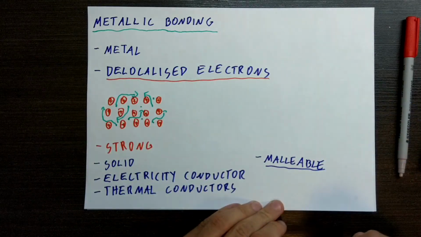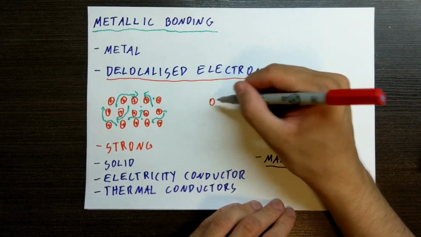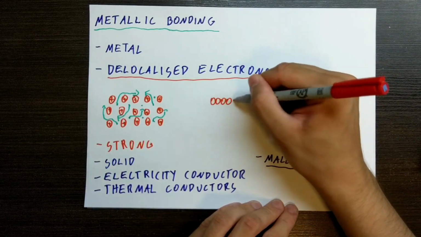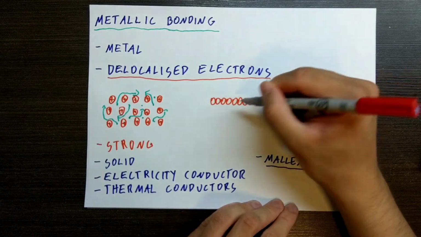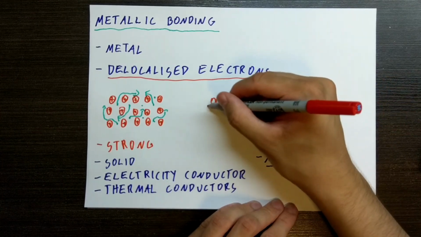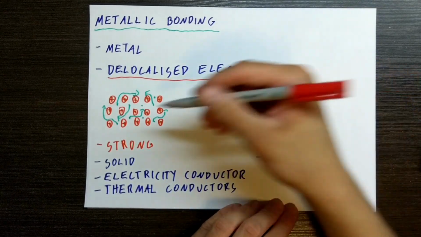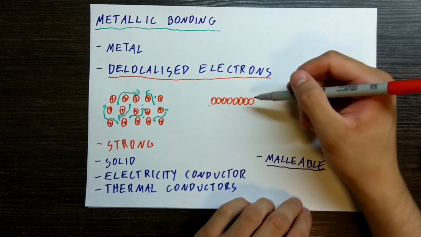So what this does mean is that these atomic nuclei, because they are so evenly arranged, so like this, I'm not going to put pluses in here for this, but you know these are positively charged. So if they are so nicely arranged in rows, they can quite easily slide over each other.